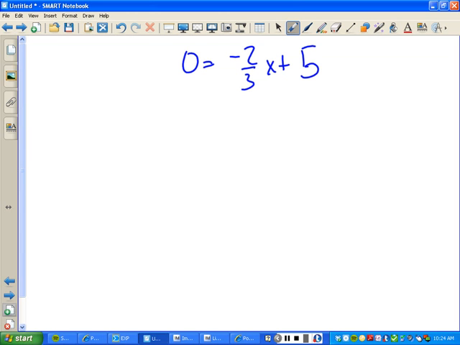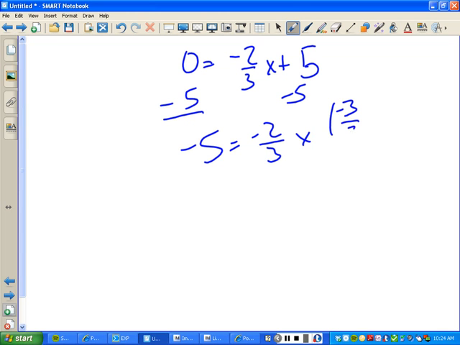You could subtract 5. Negative 5 equals negative 2/3 x. And some of you will have multiplied both sides by negative 3/2 using the reciprocal. Same concept. However you go about doing it, you should still get 15/2.